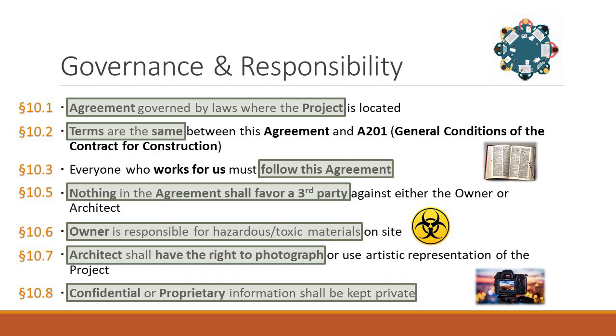There may be things about how the building operates that may be trade secrets. So there's lots of stuff that could be for the construction of a project that the owner doesn't want the public to know. So they may say, yes, you can put photographs, but no, you can't put this. And no, you can't give out this information.